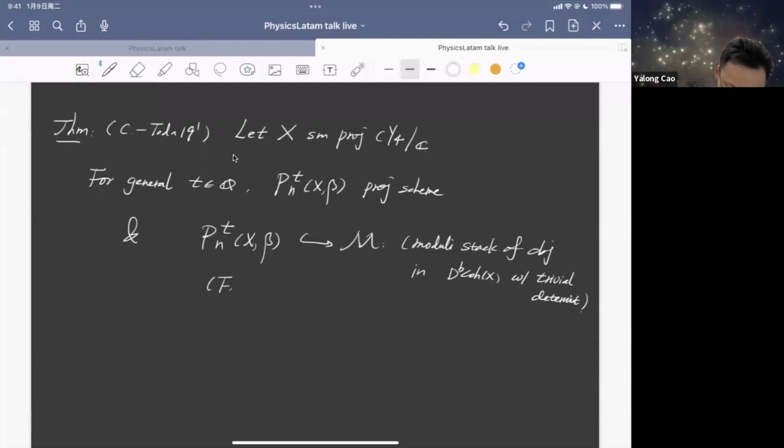So basically, we take this sheaf with this section to an object in the derived category.